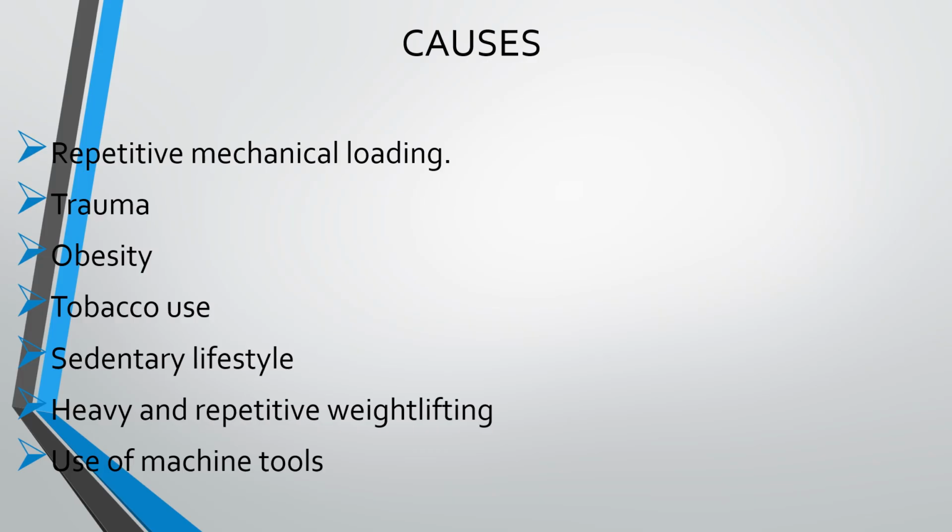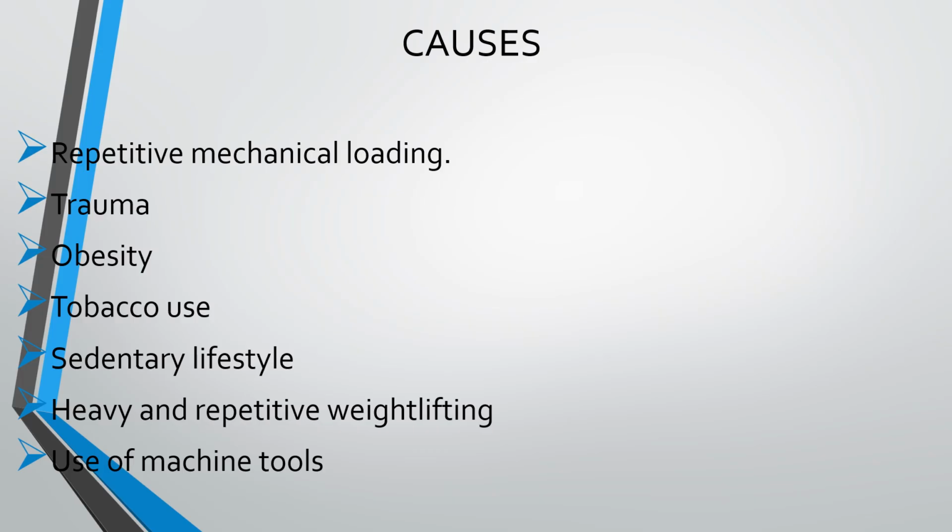presenting as a compression. Now the causes include repetitive mechanical loading, that is those who do heavy lifting, trauma to the back region, obesity, use of tobacco, those who live a sedentary life, heavy and repetitive weight lifting, and use of machines.